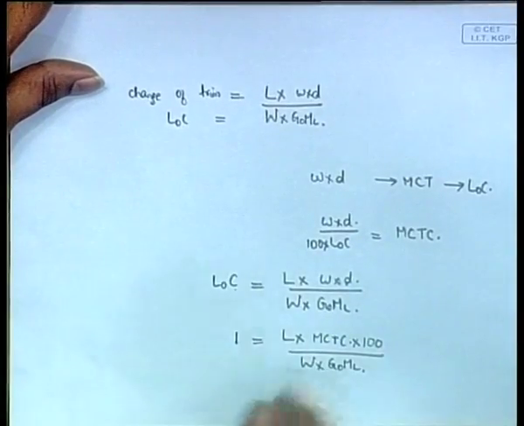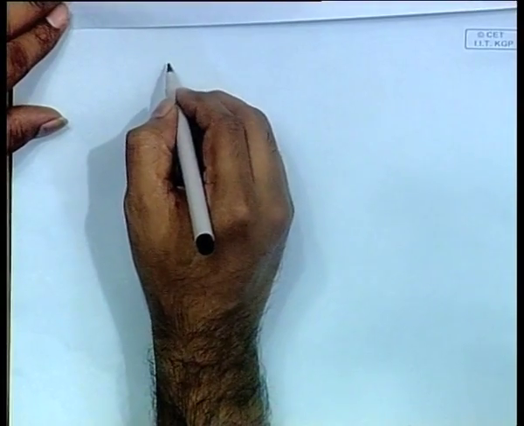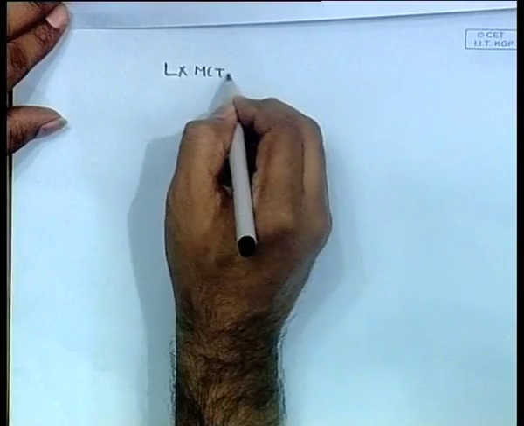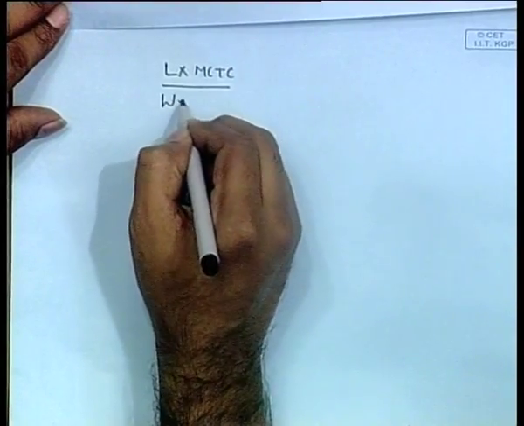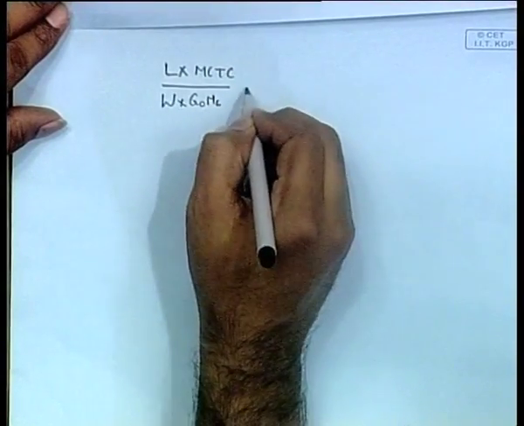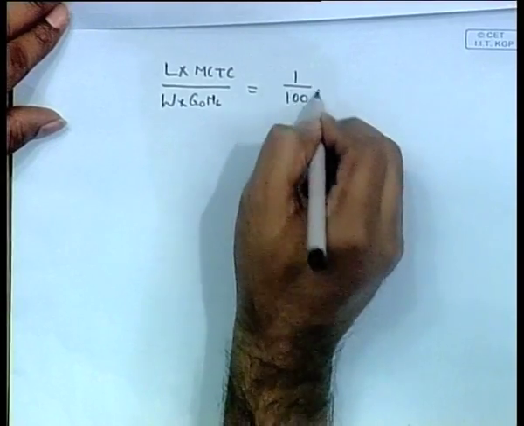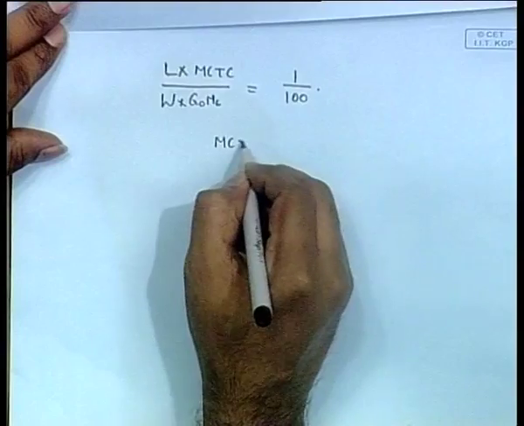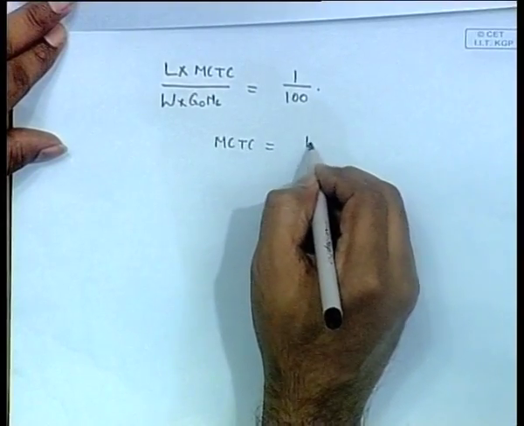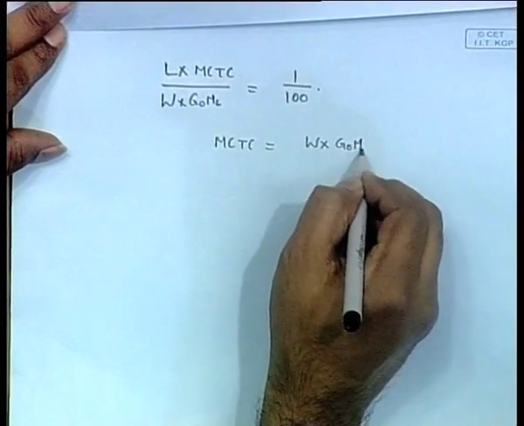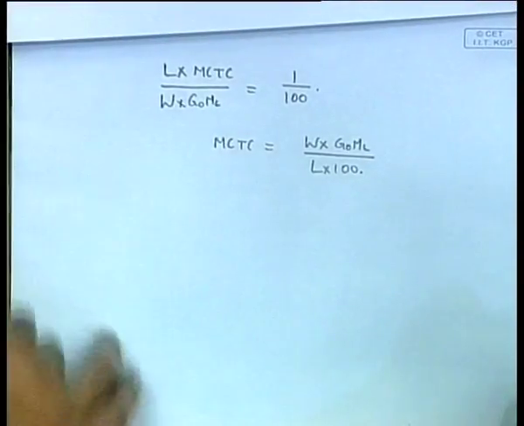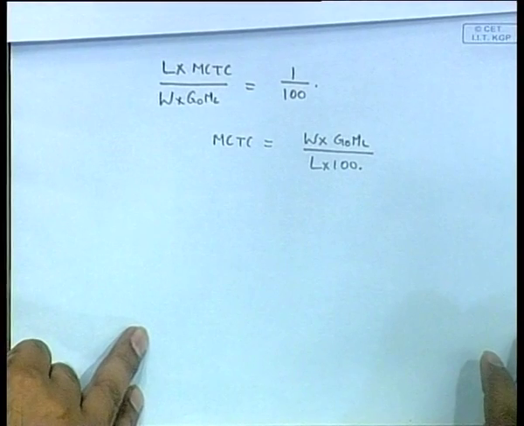Therefore, L into MCTC divided by capital W into G0 ML is equal to 1 by 100. Or MCTC is equal to W into G0 ML divided by L into 100.